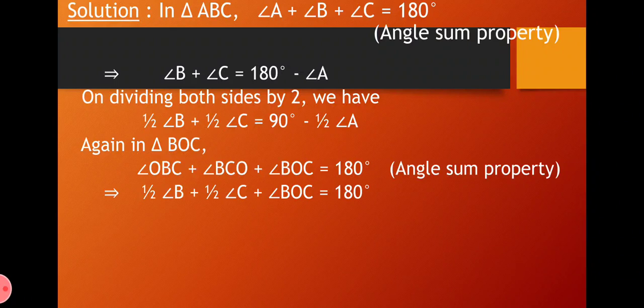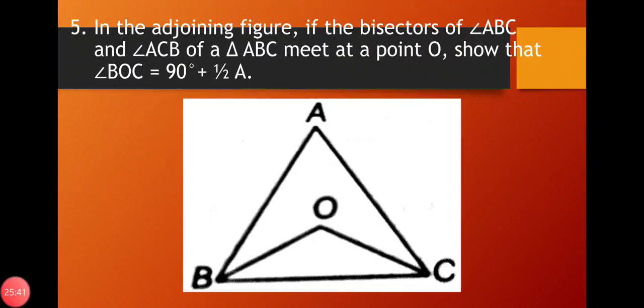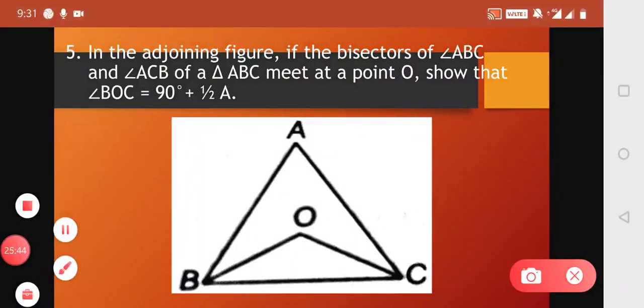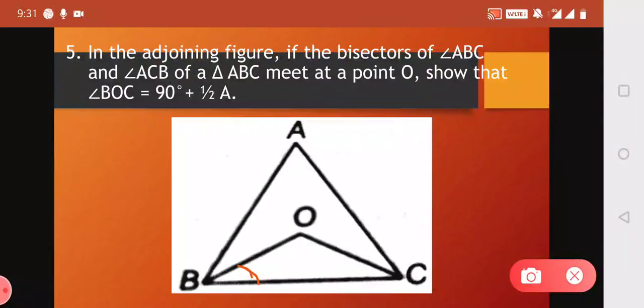Similarly, in place of angle BCO, we write half of angle C, because OC is the bisector of angle ACB. And angle BOC we write as it is. Let's once see in the figure. Yes, we can see that OBC, this is your OBC. This will be half of whole this angle ABC.